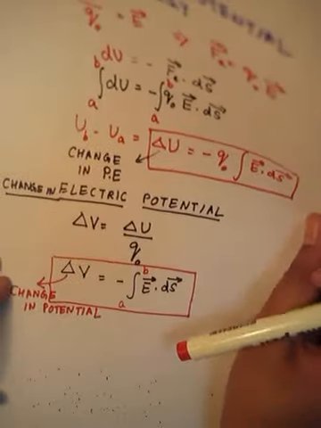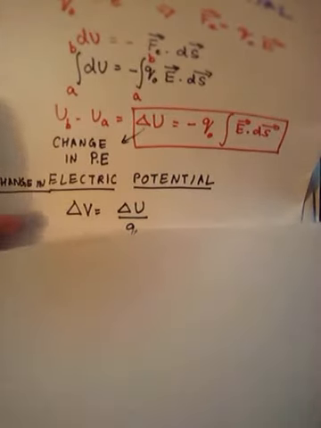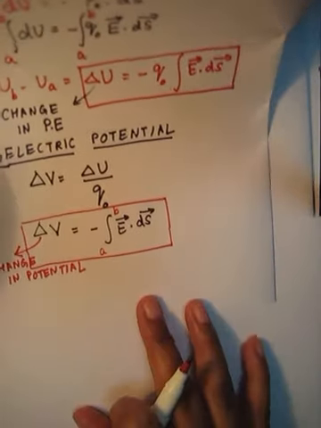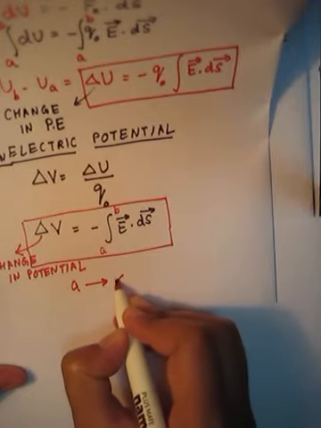Now suppose that we are moving from a very far away distance. Let us say that A tends to infinity.